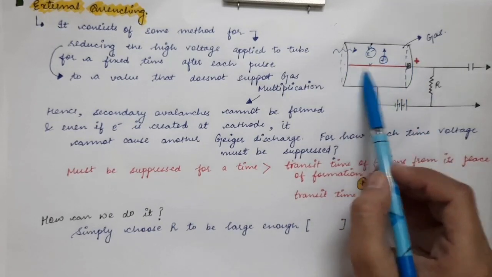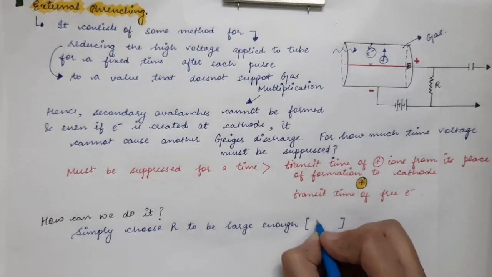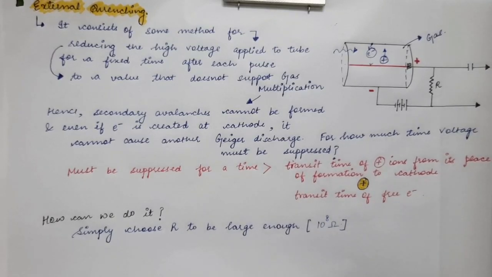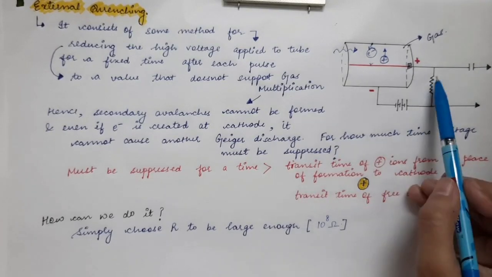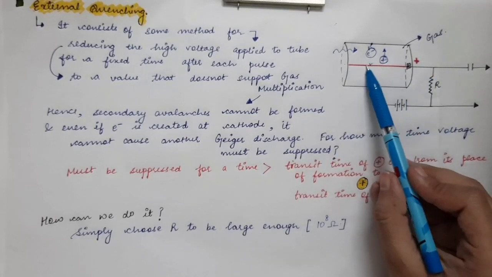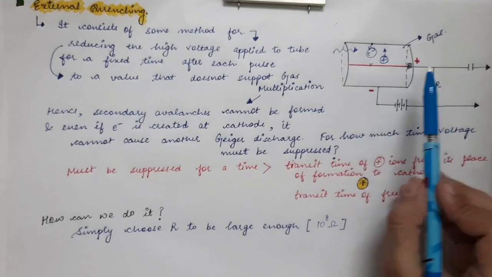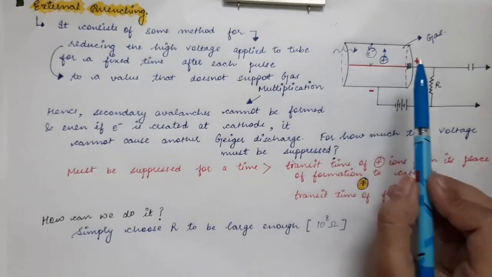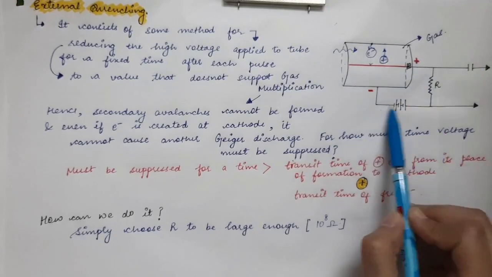And how do we reduce the voltage? Simply choose capital R to be large enough, around 10 power 8 ohm. If R is very high, then consider the voltage drop when the first pulse is formed across R. When an ionizing particle enters, Geiger discharge occurs, and a large amount of free electrons flow in this circuit.